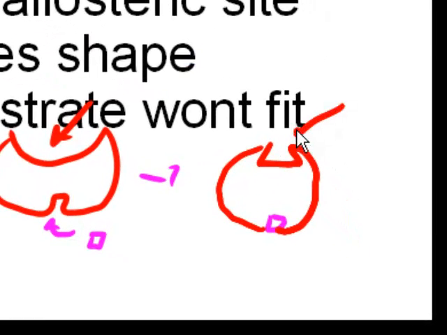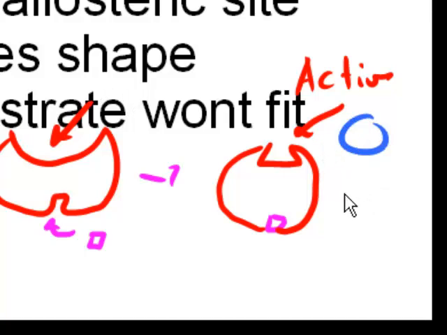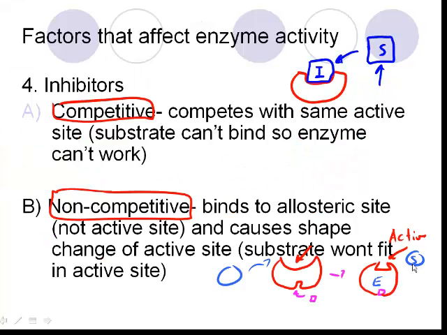So as you can see, the active site has changed. And so the problem is, if we have that same substrate trying to bond, normally it can bond to this one because it's a circle. Can a circle bond in there? No, so the enzyme substrate won't connect and there will be no products formed again. So draw that little picture. We're going to go over this again in class in pretty good detail because it's a pretty big point.